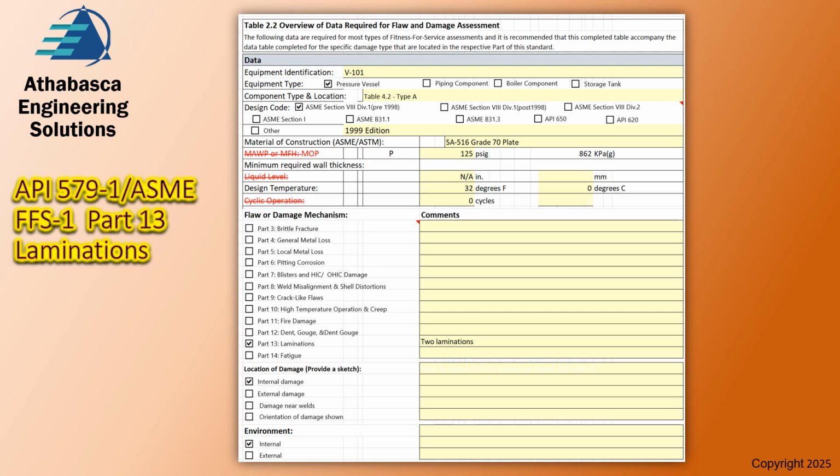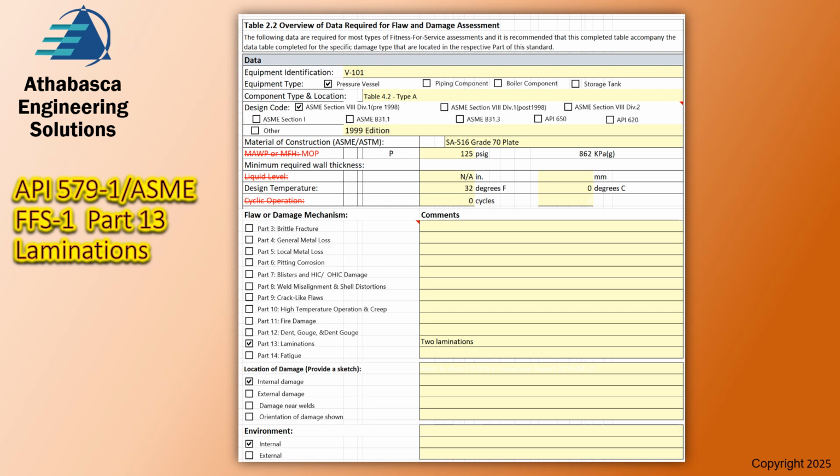The pressures are indicated. Sometimes we'll have some wall thickness. We've determined the maximum operating pressure. For this example, we're going to use the same. There's no cyclic operation. We determined that one, and we're not going to worry about the liquid level in this particular example. If not, we just adjust for where it is on the vessel.